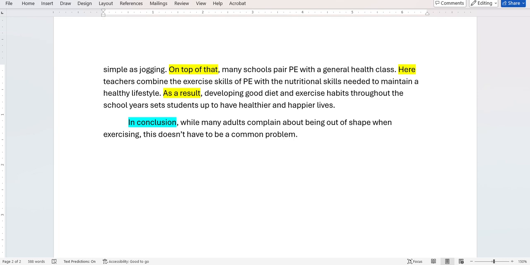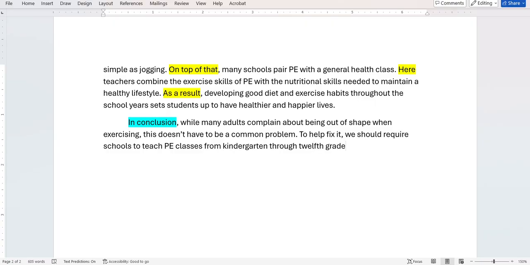Doesn't have to be. To help fix it, we should require schools to teach PE classes from kindergarten through 12th grade.